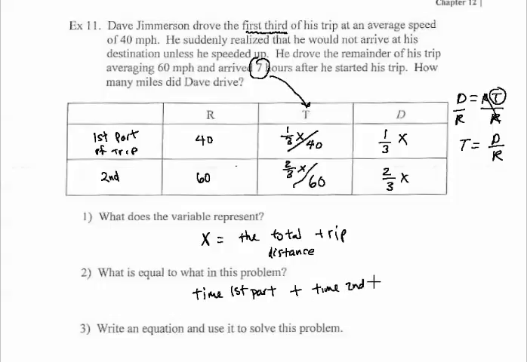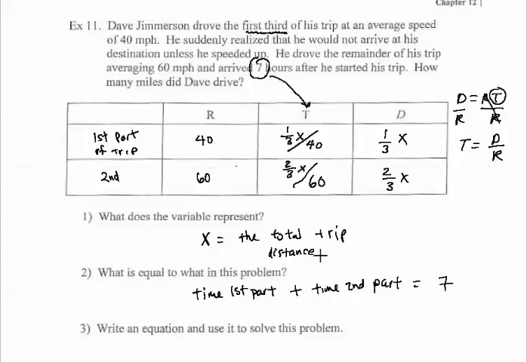On one hand we know the total time, it's 7, and on the other hand we have expressions for the two individual times. So the time of the first part of the trip plus the time of the second part of the trip, which is in our table, should be set equal to 7.